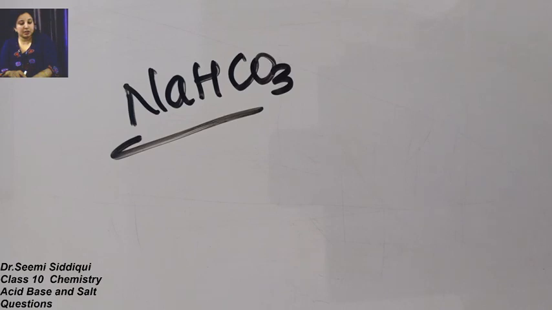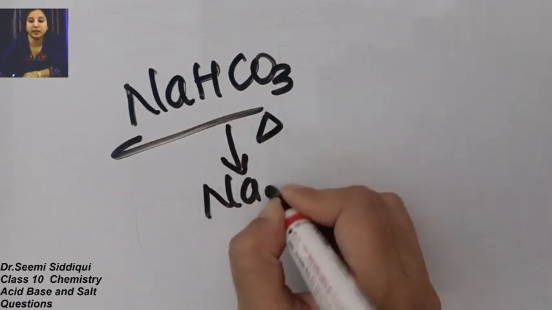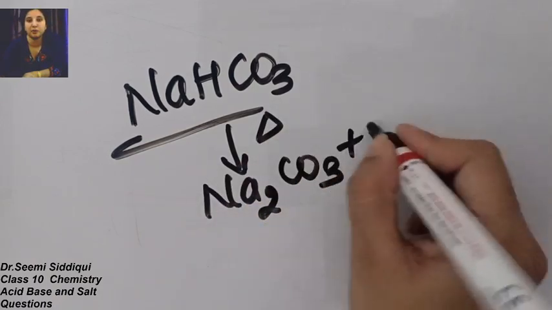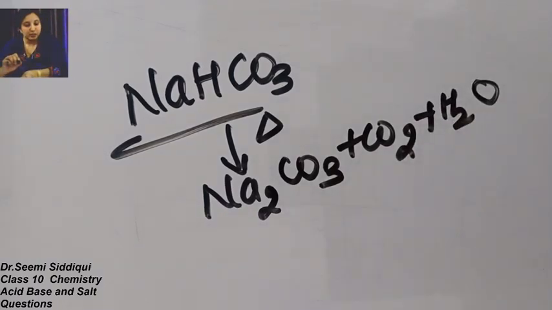State the reaction which takes place when it is heated during cooking. Just now we have done that when it is heated, it gets converted into sodium carbonate plus CO2 plus H2O.